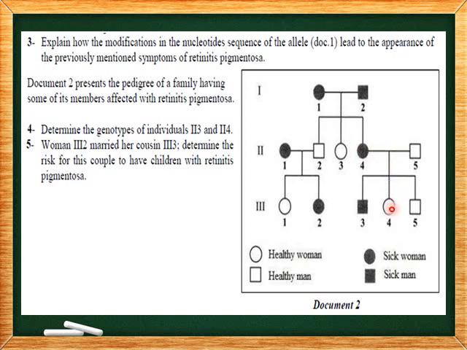So 3 4, for example, is a pure normal, and 3 4 has to take a normal allele from 2 4 and a normal allele from 2 5.